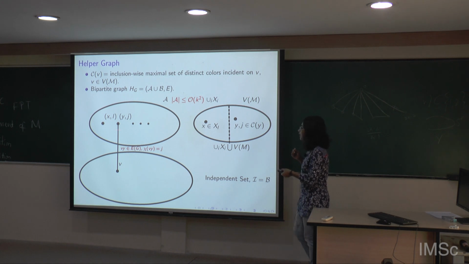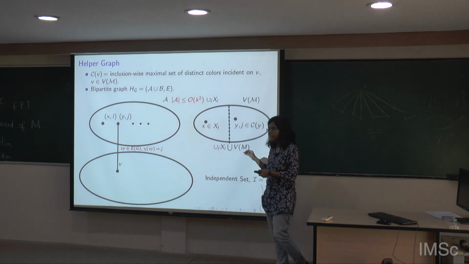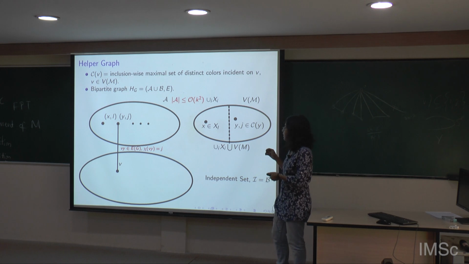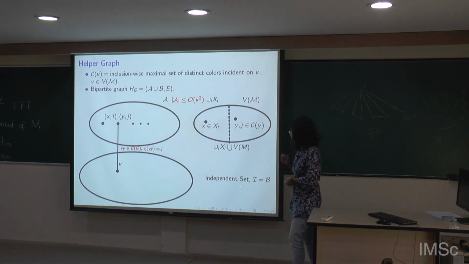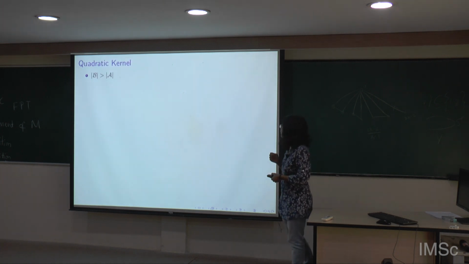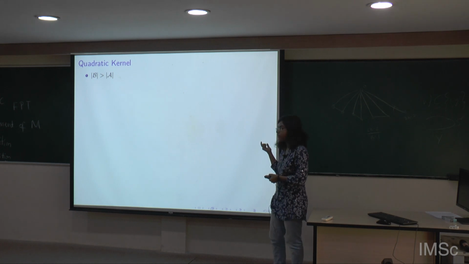So now we are all set for applying the expansion lemma. We'll apply the expansion lemma on this graph and bound the size of the set B. If B is already bounded by A, then we are done.